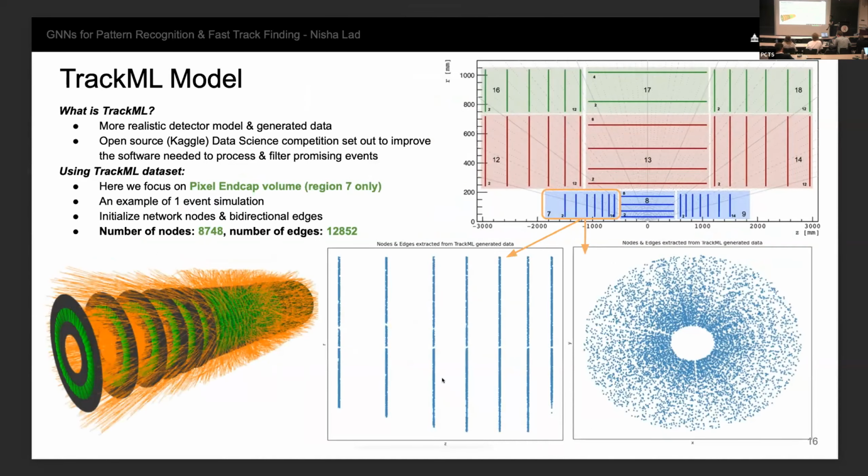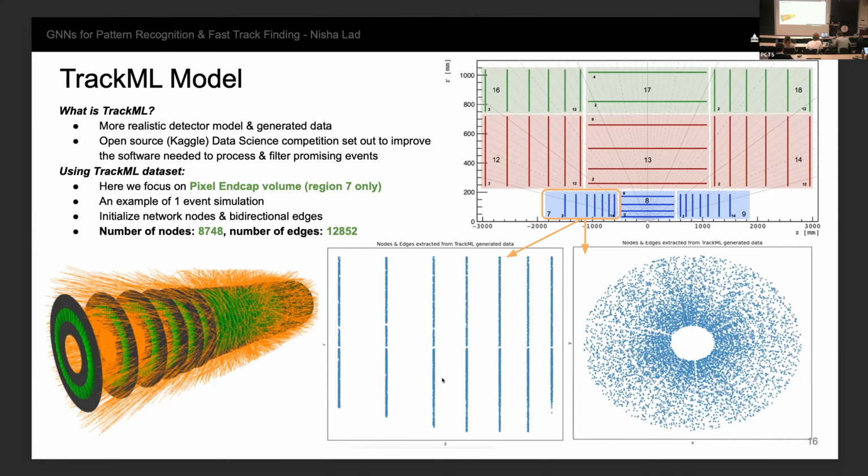Okay, so you can see that the setup works pretty well with a simple toy model, but now let's look at a more realistic detector model, which is the TrackML setup. Here again, the GNN algorithm is really for sophisticated seeding within the pixel detector. The first step was to focus on the pixel endcap volume, so we just look at region 7 for now.